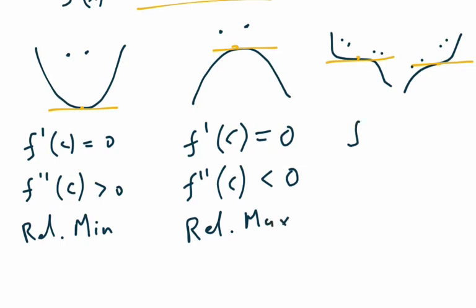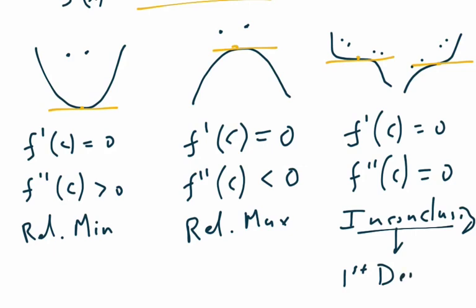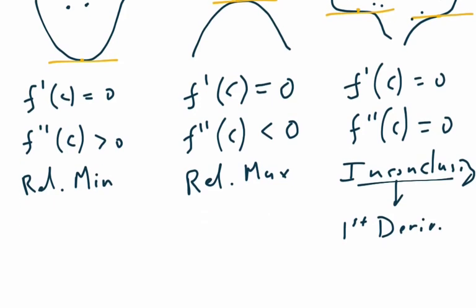And if f prime of c is 0 and the second derivative is also equal to 0, this is inconclusive. If you get a function where the second derivative is 0, then you must go to the first derivative test or a different way to do that. The first derivative test is probably going to be the easiest thing to do. Inconclusive doesn't mean it's neither a relative min nor a relative max. It means you have to go do something else.